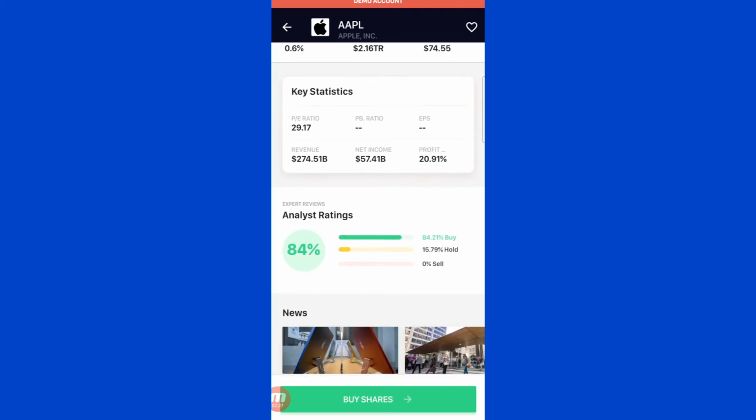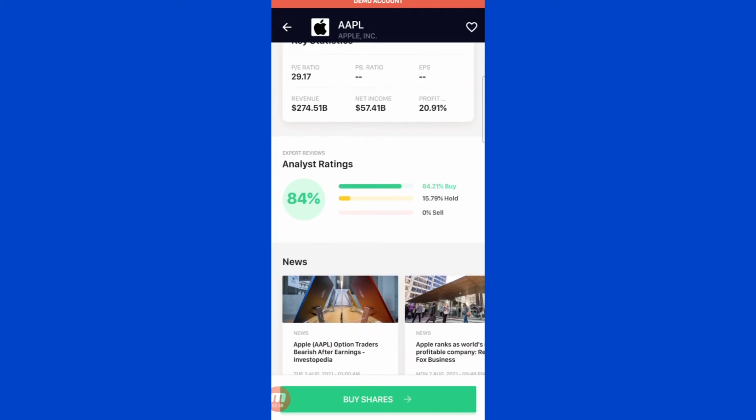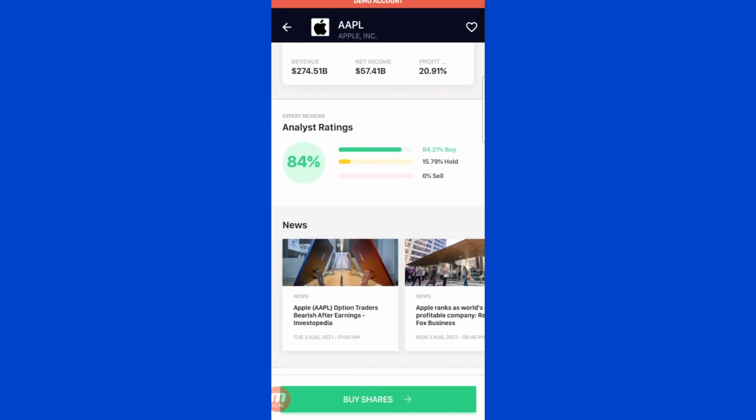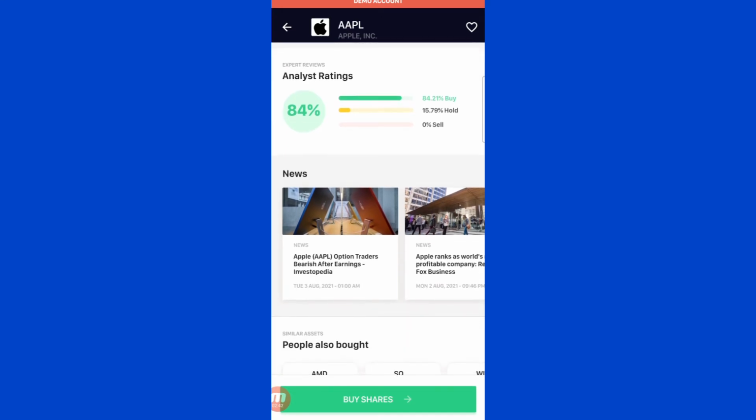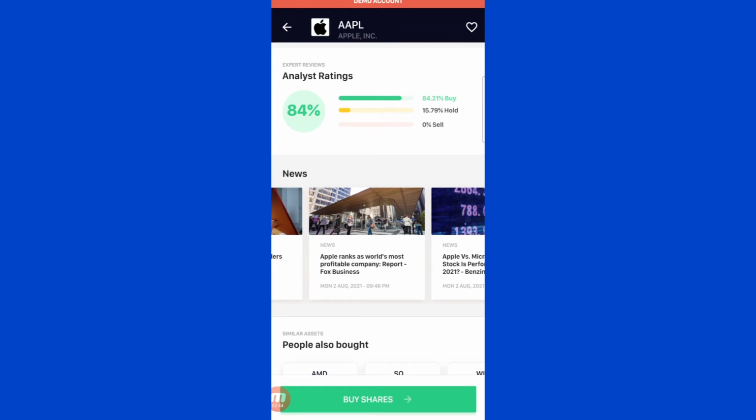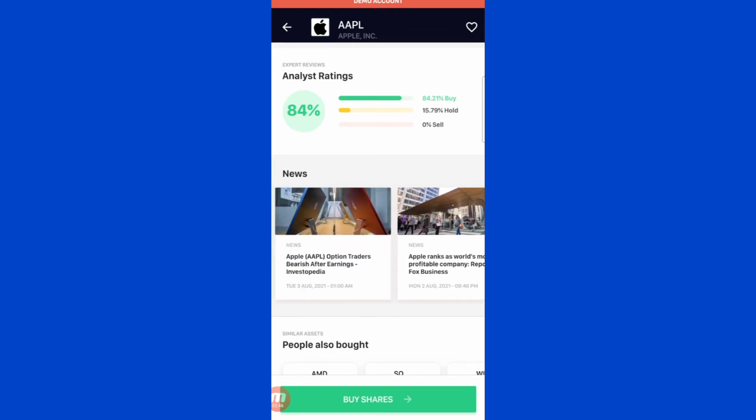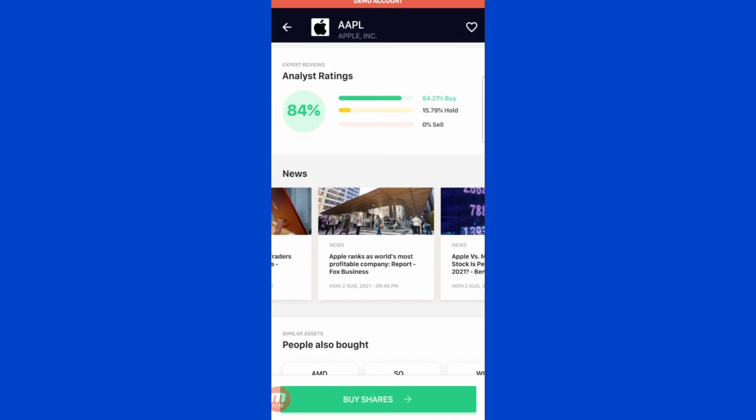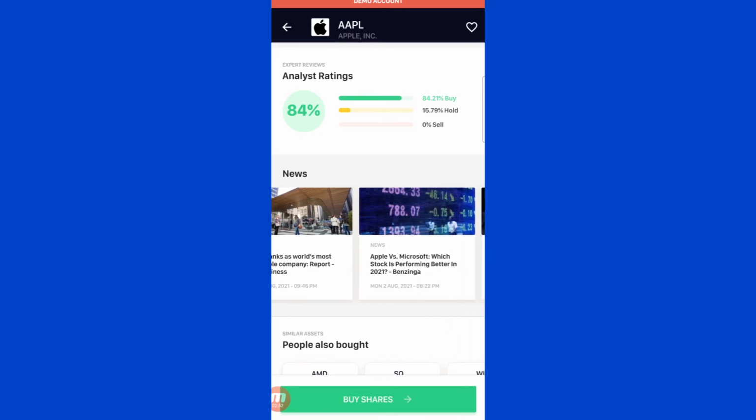So here we have the analyst ratings, and according to analysts, 84% of them are saying that you should buy and 15% are saying that you should hold. You can do with that information whatever you want. And going further down, news related to the stock. Of course, you can see Apple option traders bearish after earnings. Apple ranks as world's most profitable company.